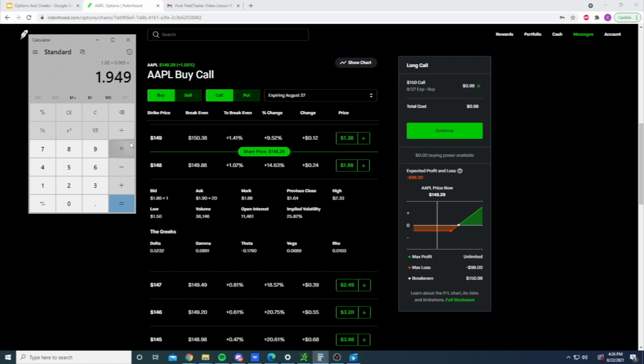And this is a very important thing to keep in mind, because if you're swinging an earnings play a few days before earnings, the implied volatility is already up because the market is pricing in this implied volatility change based on however much the underlying stock is going to move based on the earnings.